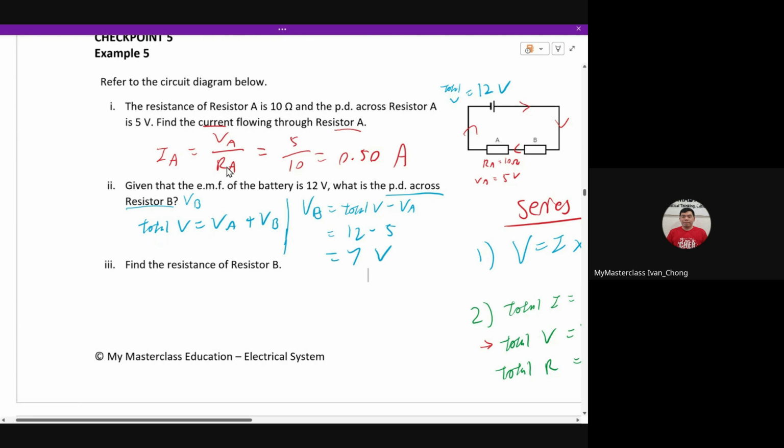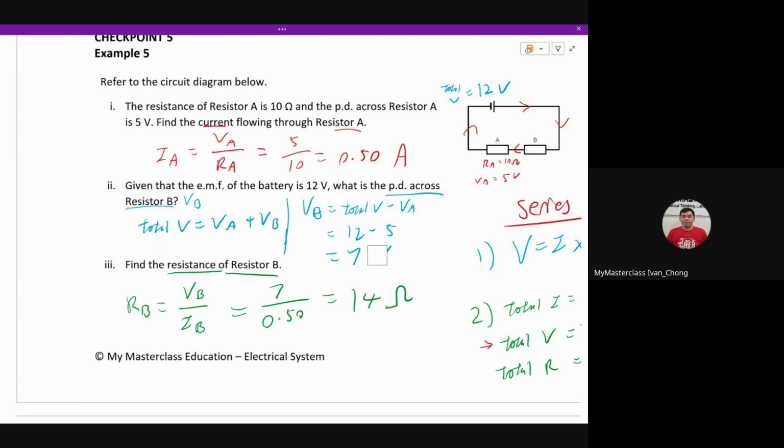Then now you see the third part where they want to find RB. If I want to find RB, I need VB and I need IB. VB is 7 volts. IB, because the current is the same in a series circuit, will also be 0.50. So I end up with 14 ohms. Oh, and on top, my bad, it should be 7.0 volts.